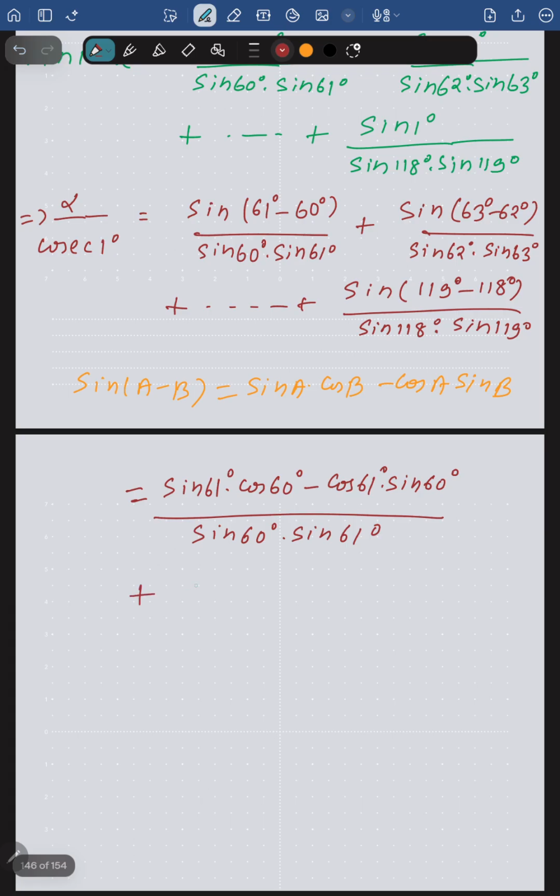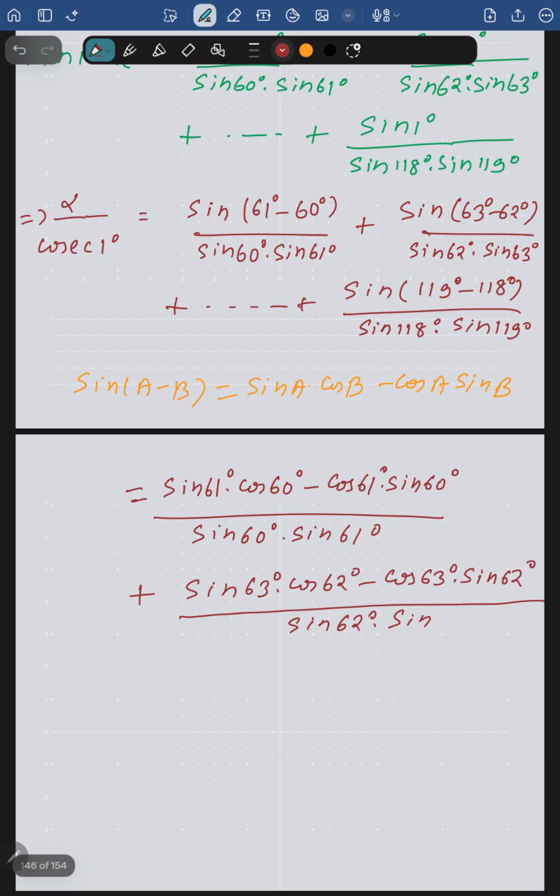Again second term will be sine 63 degree minus sine 62 degree. So sine 63 degree into cos 62 degree minus cos 63 degree into sine 62 degree. Okay, and denominator will remain same, sine 62 degree into sine 63 degree.